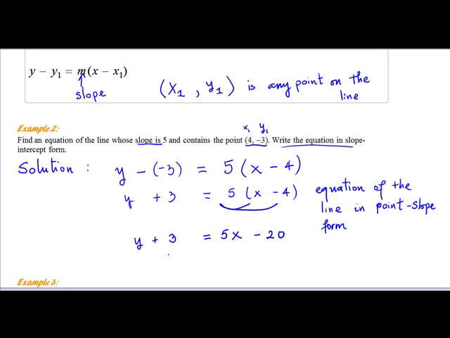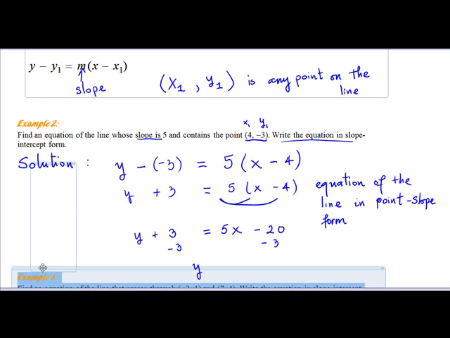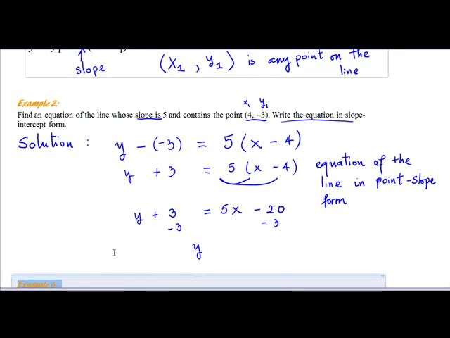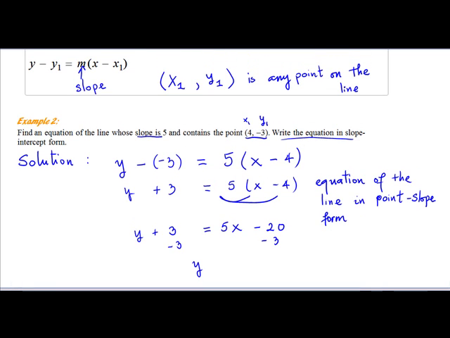To solve for y, I subtract 3 from both sides. So I have y equal to 5x minus 23.